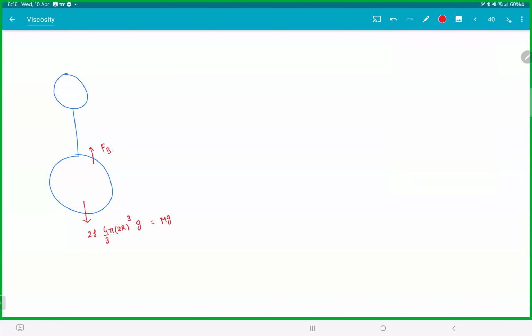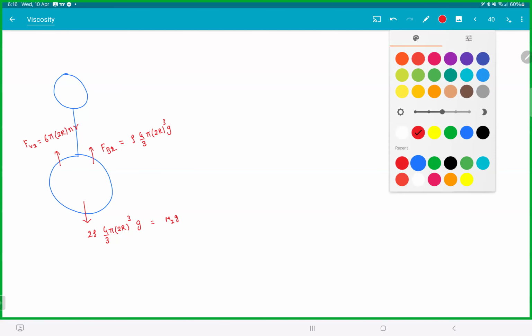Let's call this thing FB1. Let's call it FB2. Let's call this thing M2G. FB2 will be density of the liquid times 4 by 3 pi (2r) whole cube g. This is the viscous force. Let's call it FV2, 6 pi (2r) eta V. Let me write that statement.